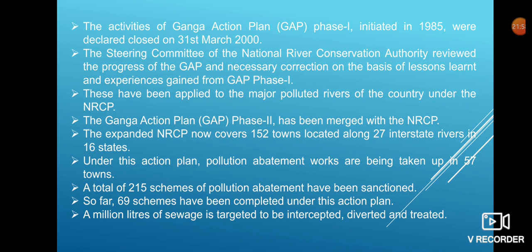A total of 215 schemes of pollution abatement have been sanctioned. So far, 69 schemes have been completed under this action plan. 1 million liters of sewage is targeted to be intercepted, diverted, and treated.